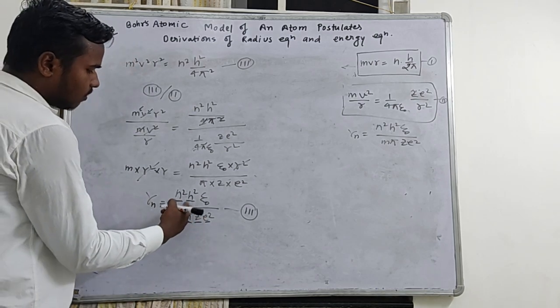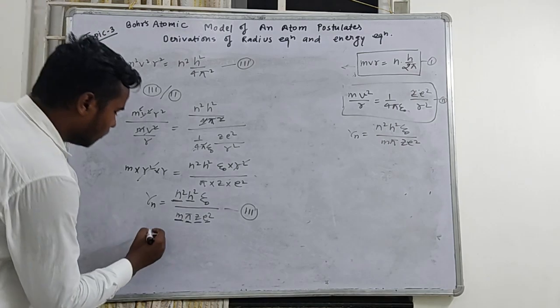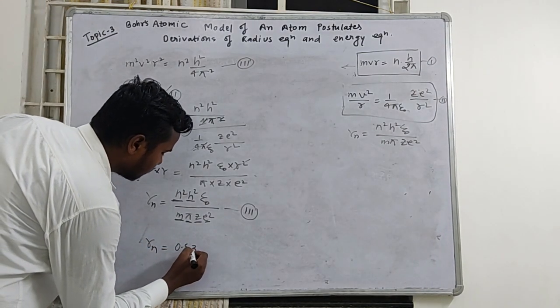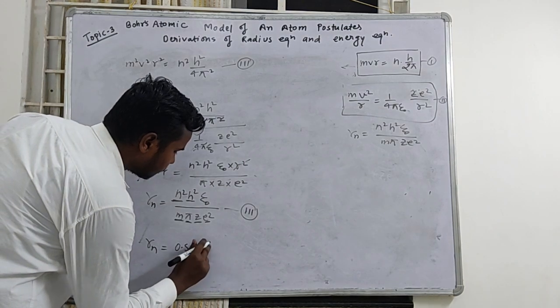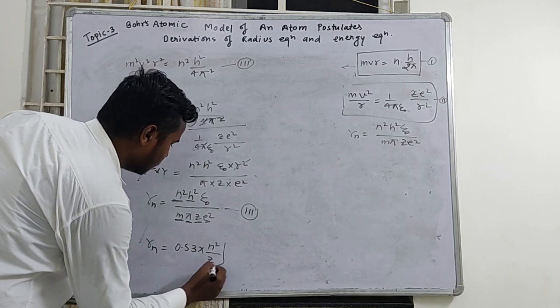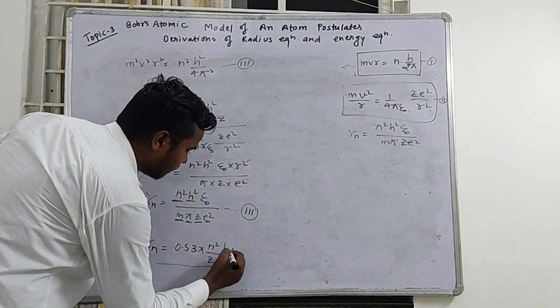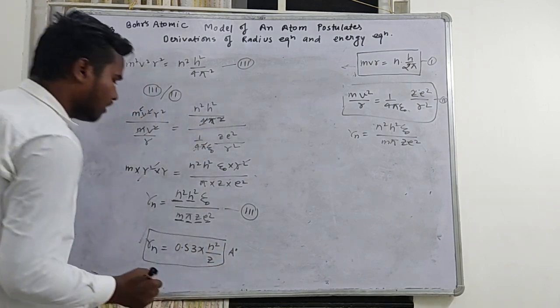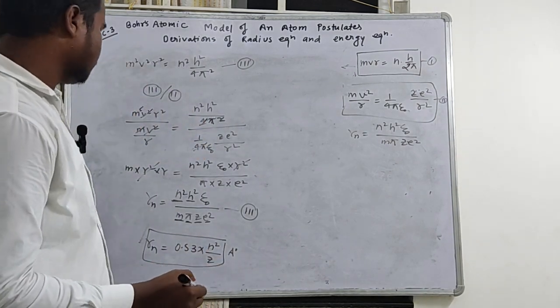After putting the constant values in this equation we get Rn equals 0.53 into n square upon z, in angstrom. This is the final radius equation of an atom.